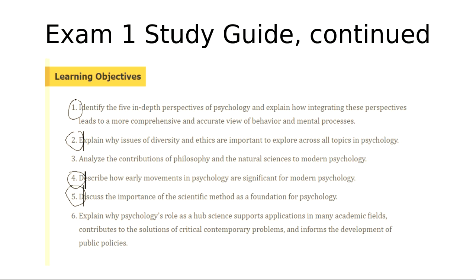There is a really nice table or figure in the ebook that has the 5 in-depth perspectives summarized, and I'll point that out when I post my PowerPoint review for the first exam. So that's just to give you an example of what the learning objectives look like for each chapter, and they're at the end of each introduction on the chapters.